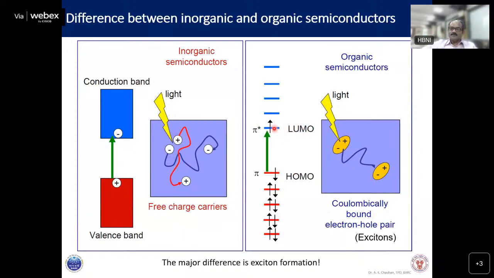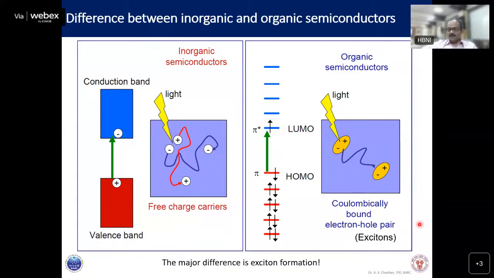So an electron which is excited from here to here, since there is no continuity, cannot move as it was moving in the inorganic material. So it can hop from one level to another level. The hopping process is less probable, so therefore the movement of the charge carriers, or mobility of the charge carriers, will be very low.